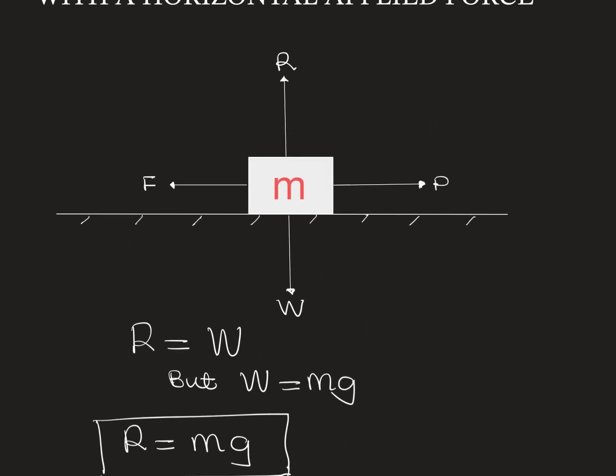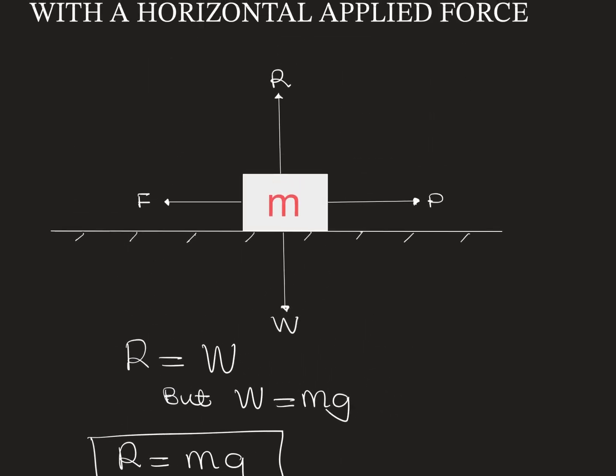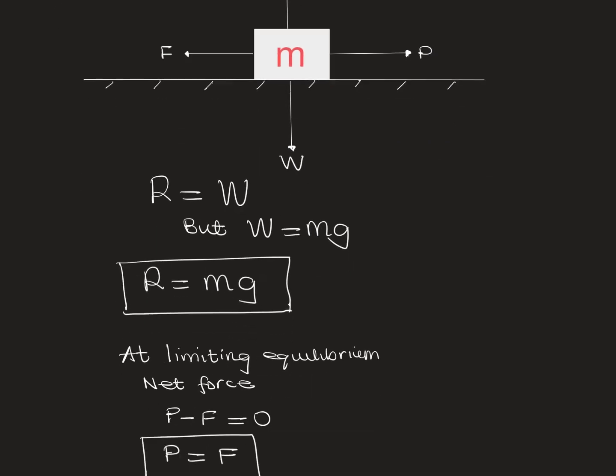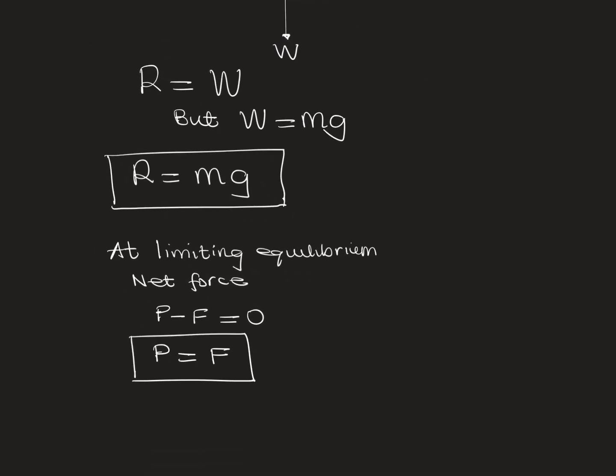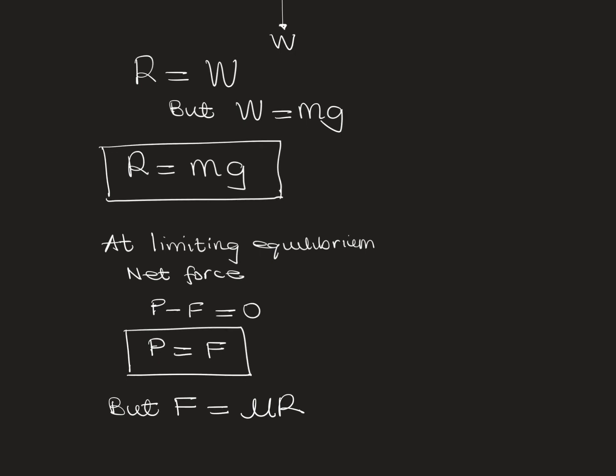Going back to the diagram, if you have a frictional force of a certain magnitude, then you need an equal force that is going to act in the opposite direction for the object to remain in equilibrium. Okay? But the frictional force F is equal to mu R, where mu is the coefficient of friction and R is the normal reaction.